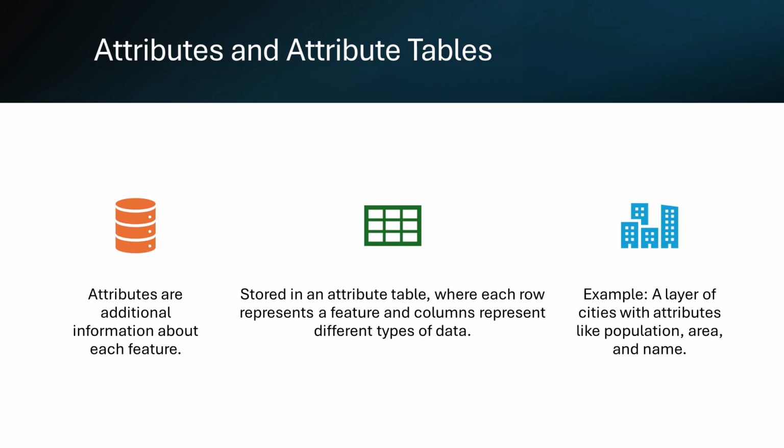In ArcGIS Pro, attributes are stored in an attribute table where each row corresponds to a specific feature and each column holds different information. This is a powerful way to link descriptive data to spatial data, allowing us to ask questions like which city has the largest population, or what are the names of the rivers over a certain length.